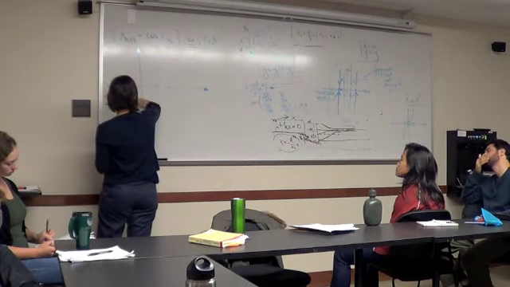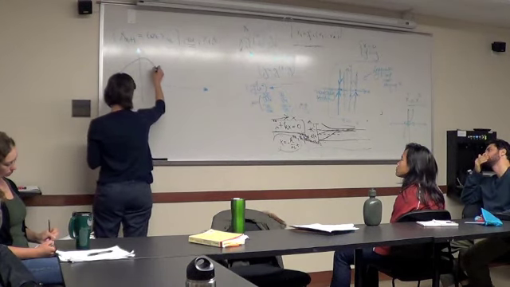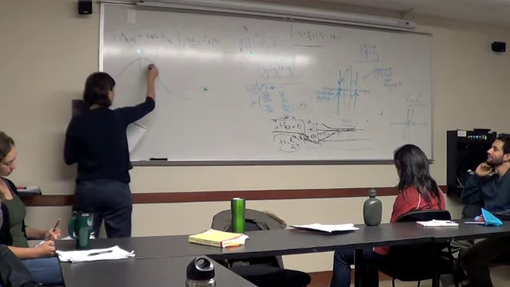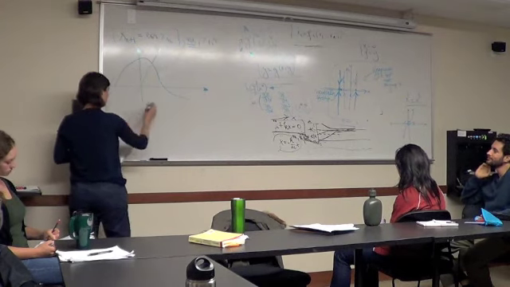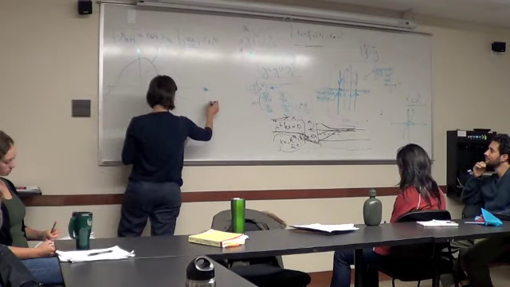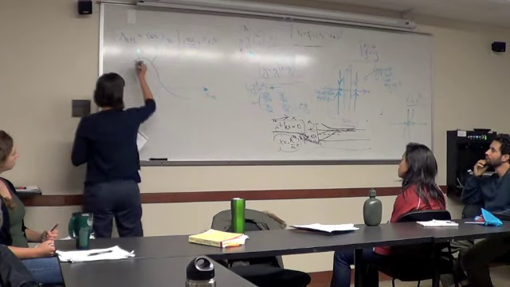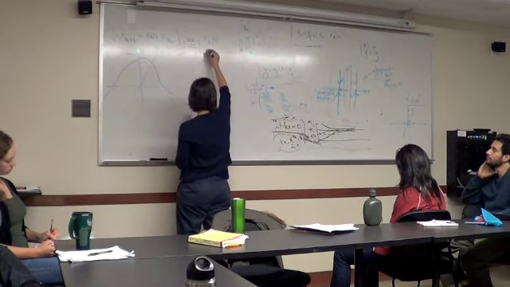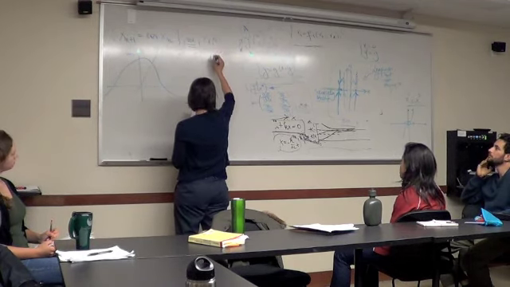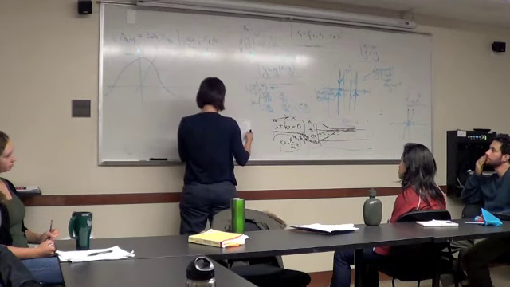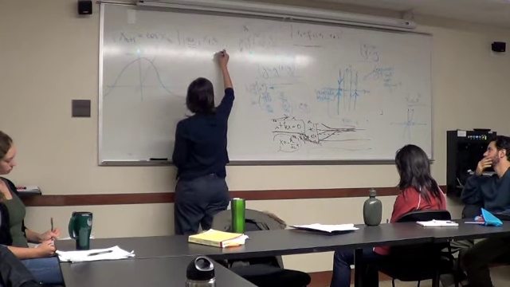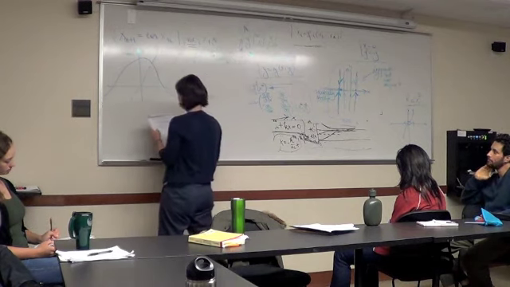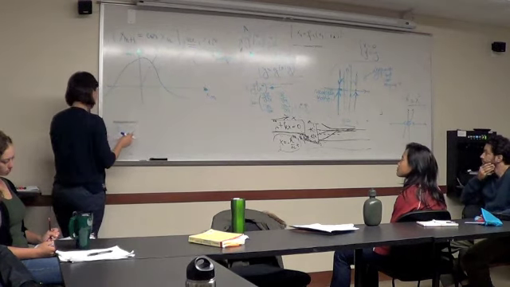So this is what your function looks like. This is a diagonal line. This is x of n. This is x of n+1 here. So what we're doing is called a cobweb diagram, and I think cob is spelled with a double B. Let's say we pick a starting point here.